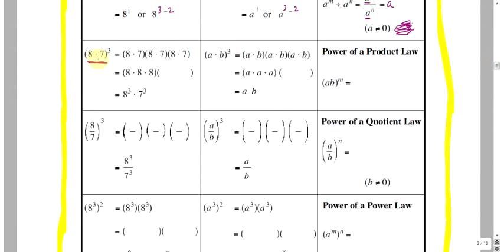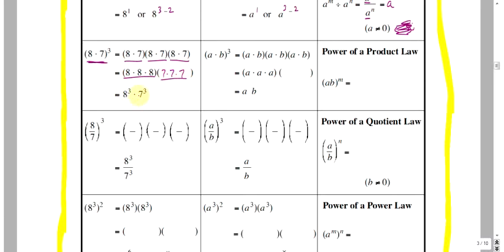If I have 8 times 7, I know that's 56, but I don't want to write 56. I want to keep them separate. Cubed, that's 8 times 7 once, 8 times 7 twice, 8 times 7 3 times. Let's split them up. That's repeated multiplication. Now let's just sort them. How many 8s do you have? 3.